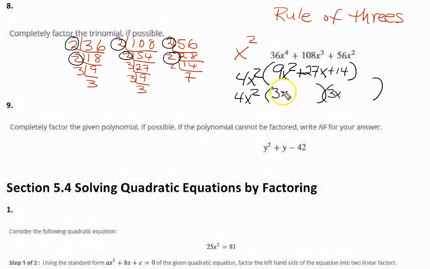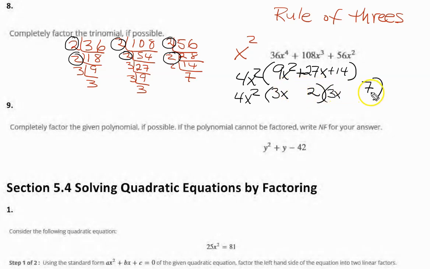Now I worked this ahead of time, so I wouldn't take that much time to do it. Now the next thing is your 14. Now it could be a 14 and a 1, but that's way too big. So it could be, and you're trying these out, let's say a 7 and a 2.